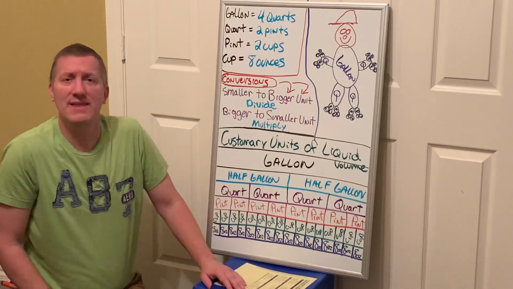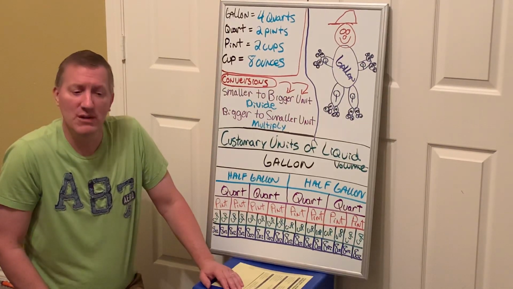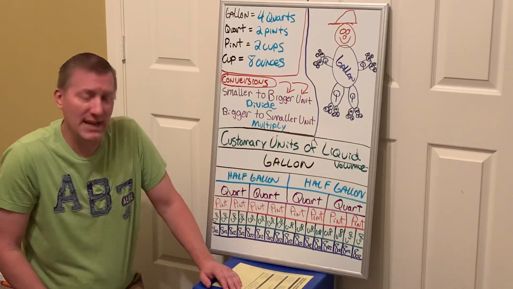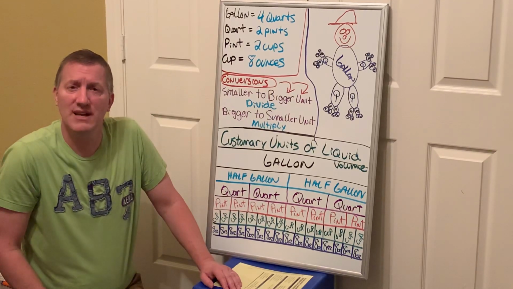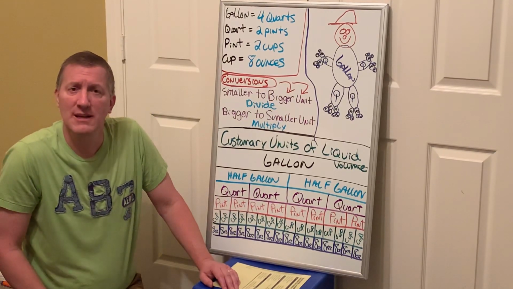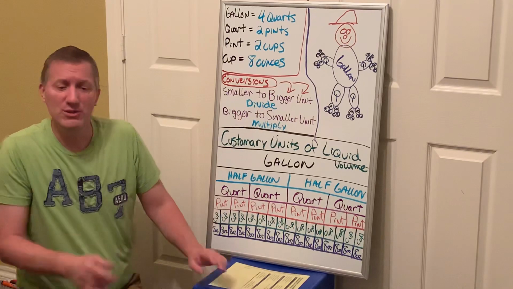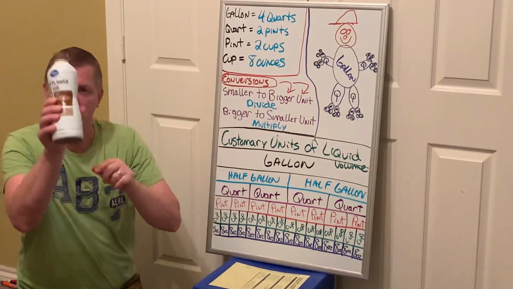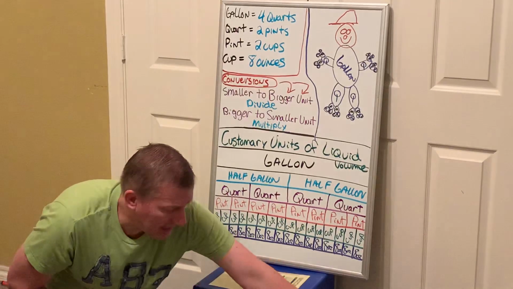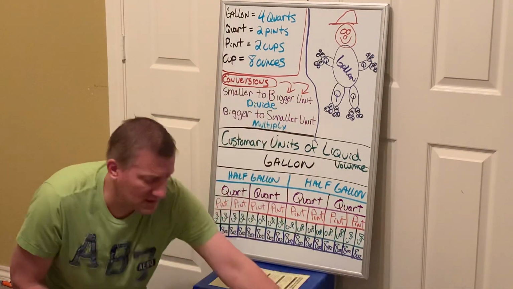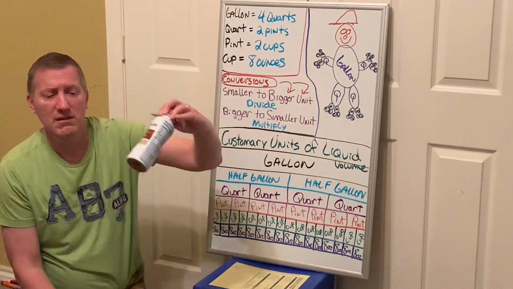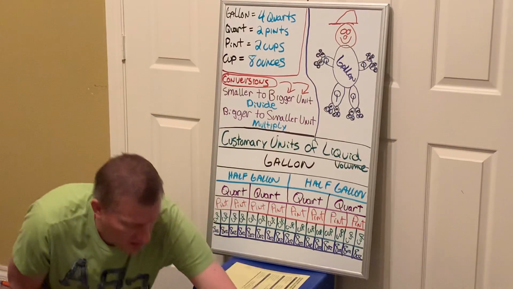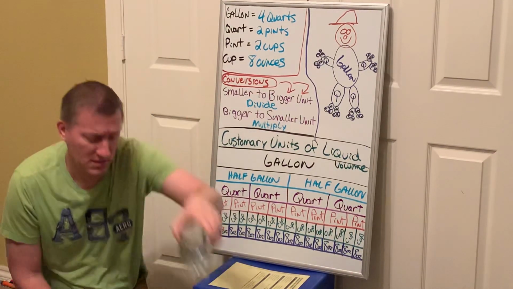One of the things I would like you to do is take a picture of yourself around the house using some of these things like quarts, gallons, half gallons, pints, cups.